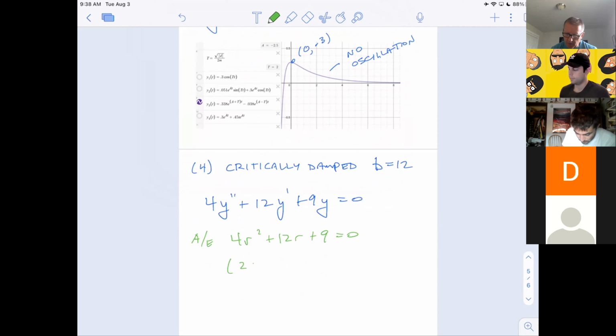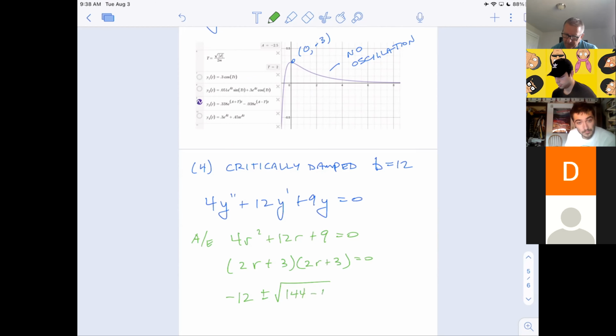You end up with 2r plus 3 and 2r plus 3 if you factor it. You end up with negative b plus or minus the square root of b squared, 144, minus 4 times a times c, over 2 times a.